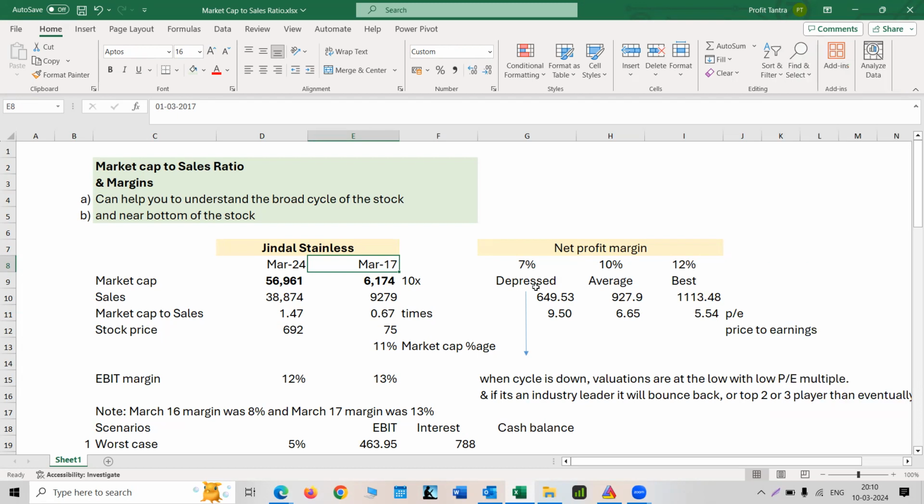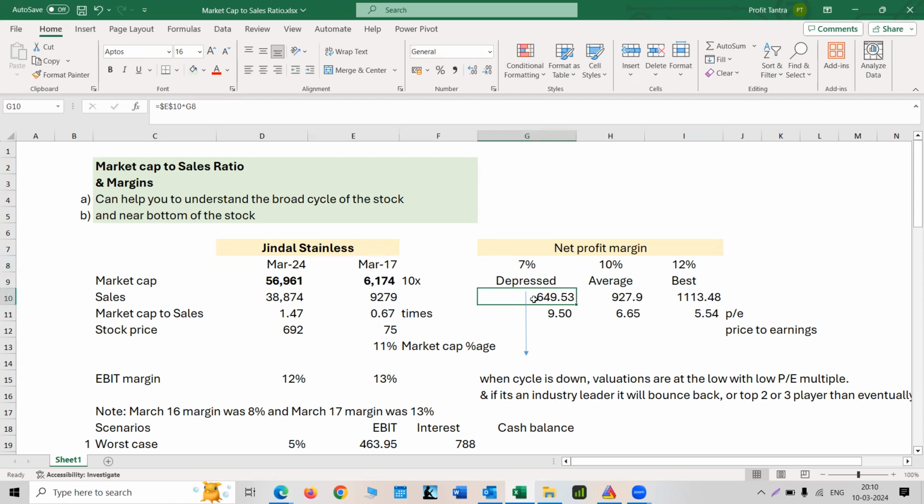We will take 2017 as an example. Suppose your sales is, let's not focus on market cap, now we'll focus on sales.